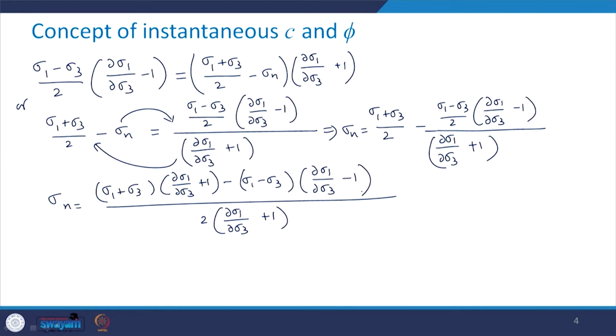Further, open these brackets and try to simplify that.